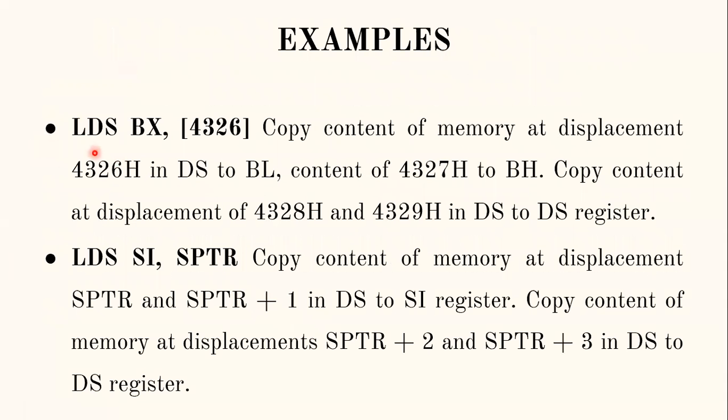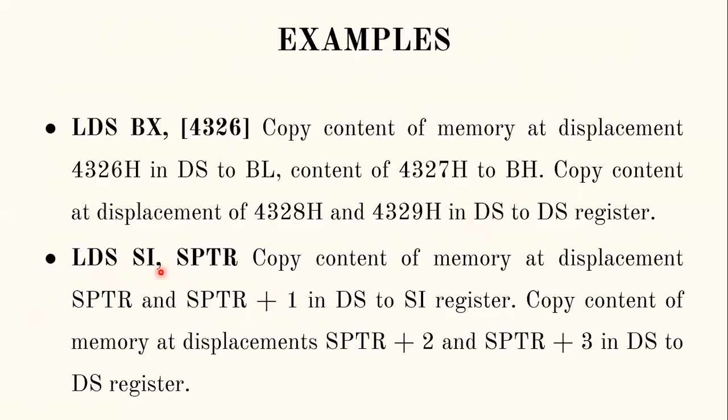For example, if we have LDS BX, [4326], the content of location 4326 is copied to BL. The next location 4327 content is copied to BH. The contents of locations 4328H and 4329H are copied to the data segment register respectively.